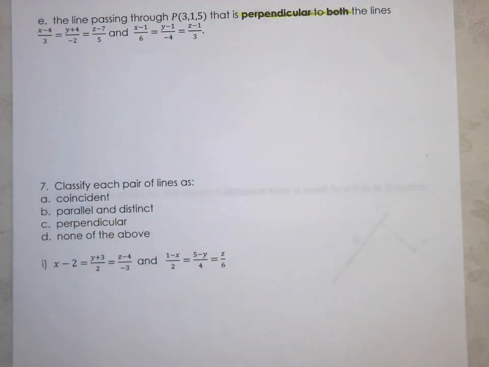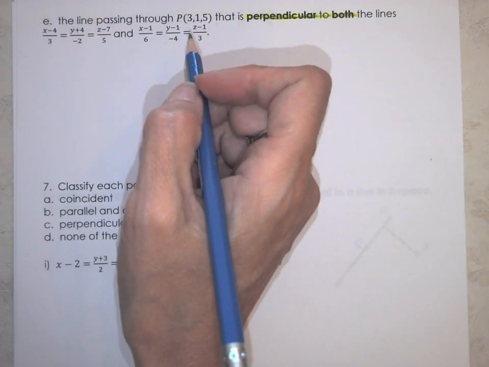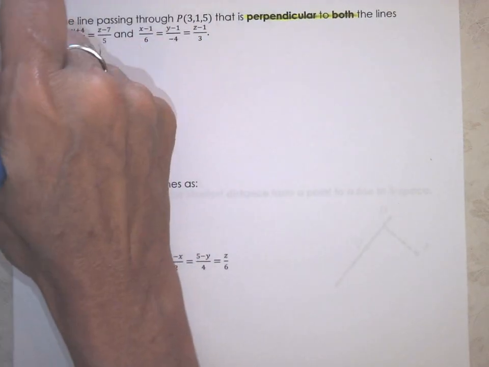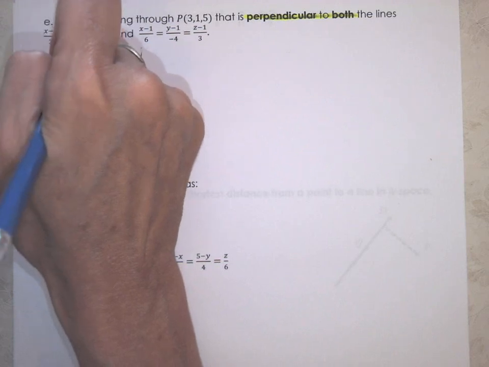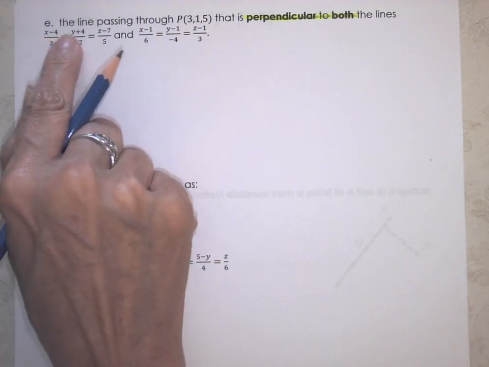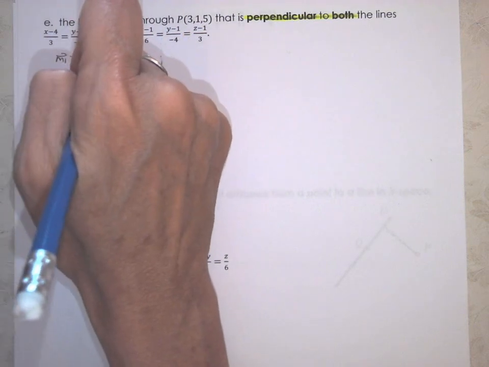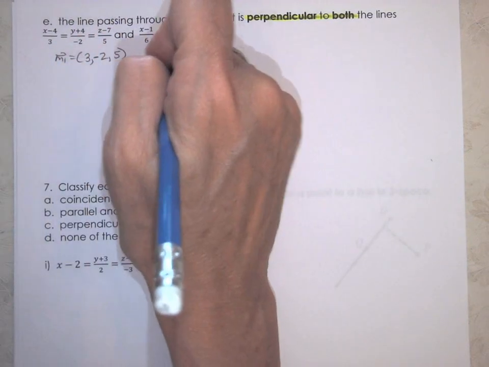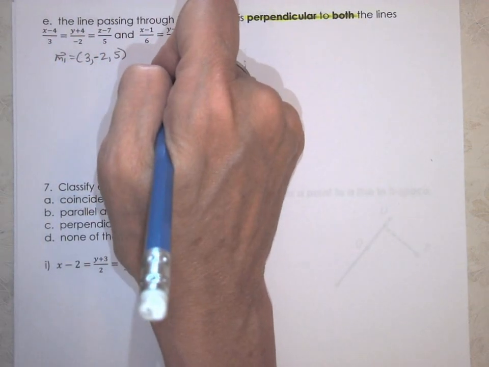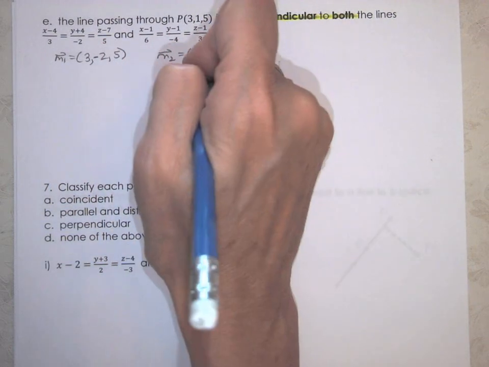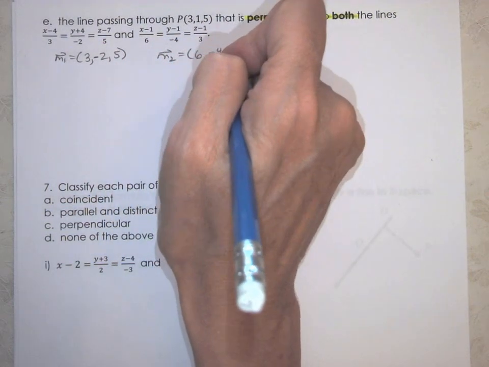So if we want a direction perpendicular to both of these lines, we want the direction vector of each line. For the direction vector of this line, make sure it's in symmetric form. X, Y, and Z are each first here, so the direction vector is (3, -2, 5). The direction vector of the second line, also in correct symmetric form, is (6, -4, 3).